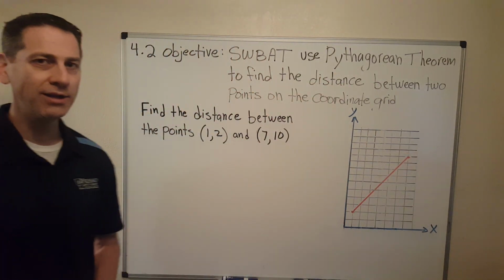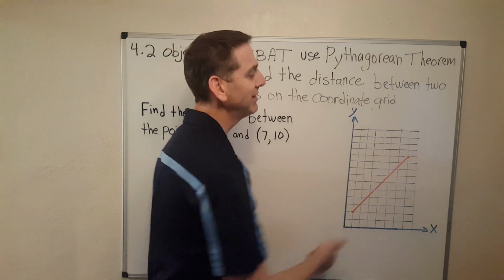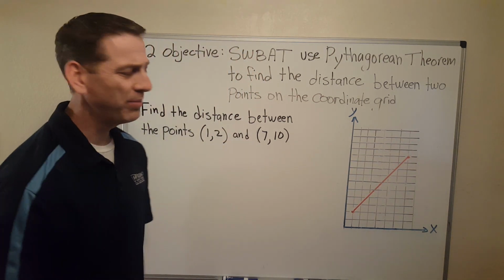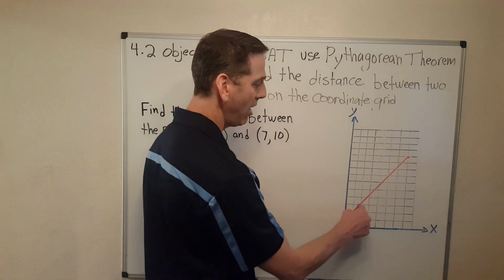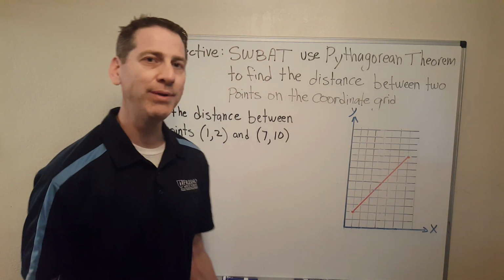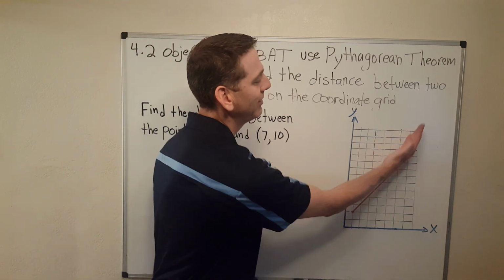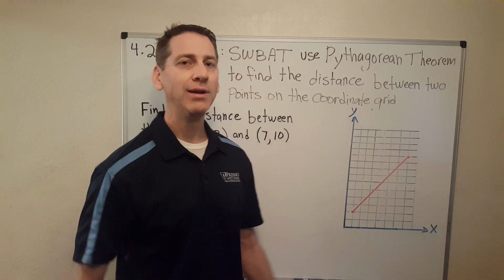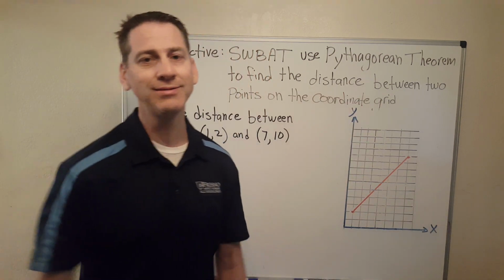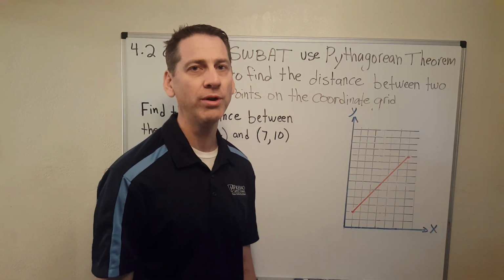The question is, what is the distance between those 2 points? Well, it would be nice if we could just count, right? 1, 2, 3, 4, 5. But we can't do that because this line is really at a diagonal. It's not straight up or straight across, so we can't simply count it on the coordinate grid.